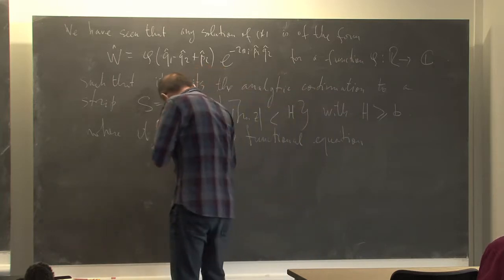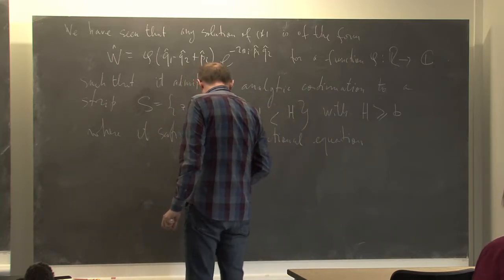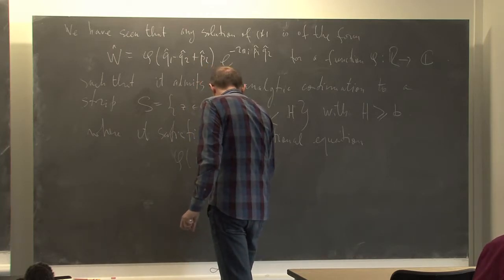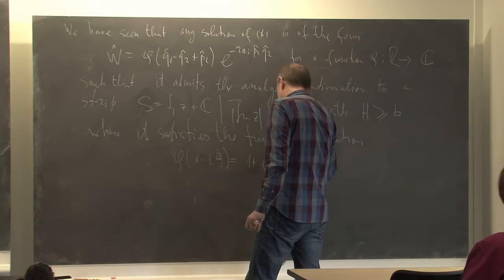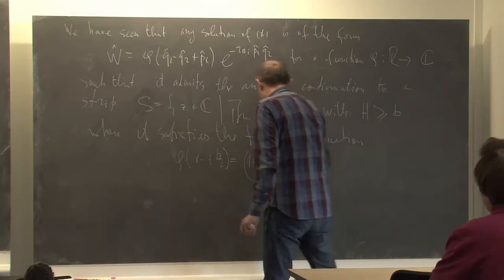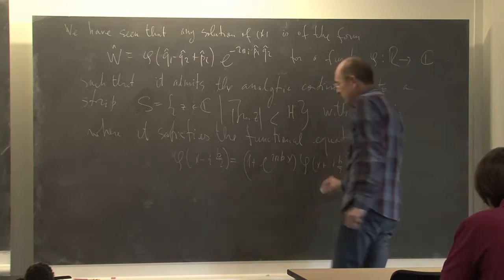The equation was phi of x minus i b over 2 equals 1 plus e to the 2 pi b x times phi of x plus i b over 2.